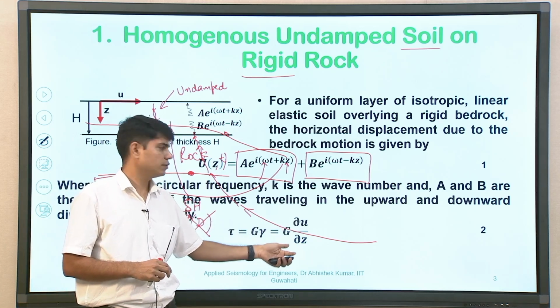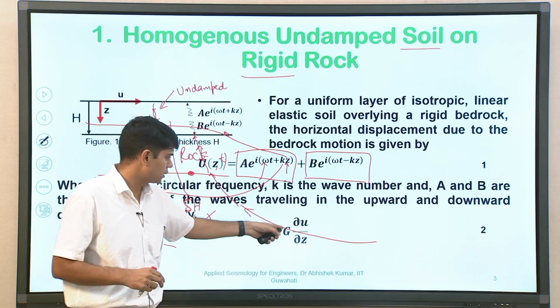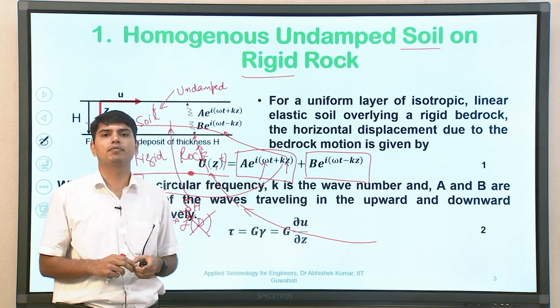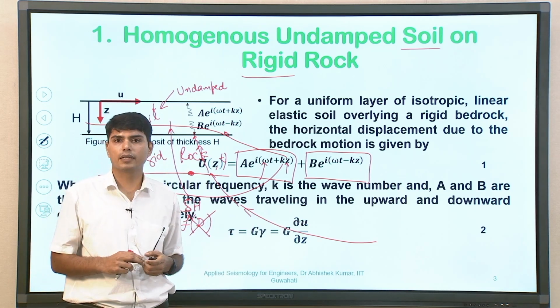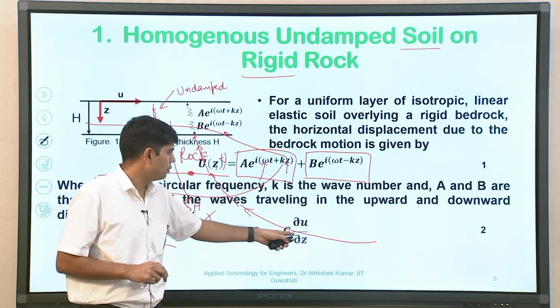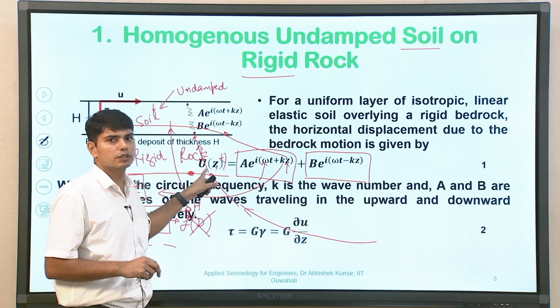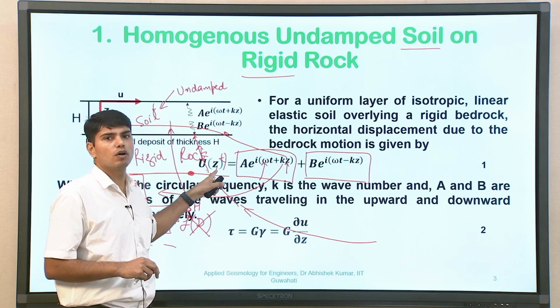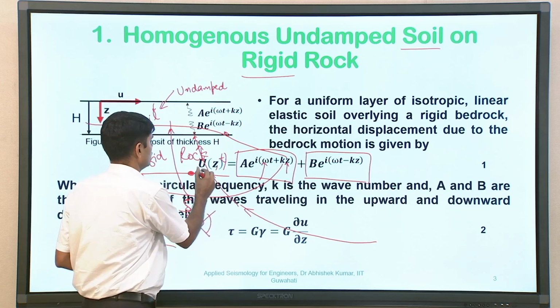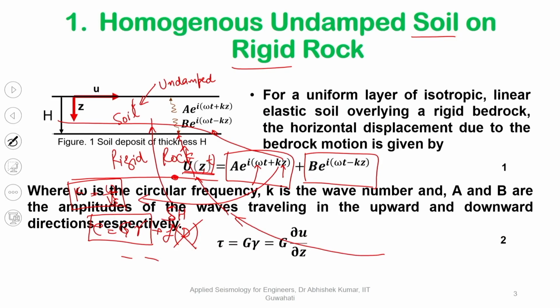The shear strain, we have discussed earlier, can be defined as dou u over dou z. You have the value of u given in this particular equation. So, once that value of u is known, we can differentiate this equation partially with respect to z. We will get the value of shear strain.